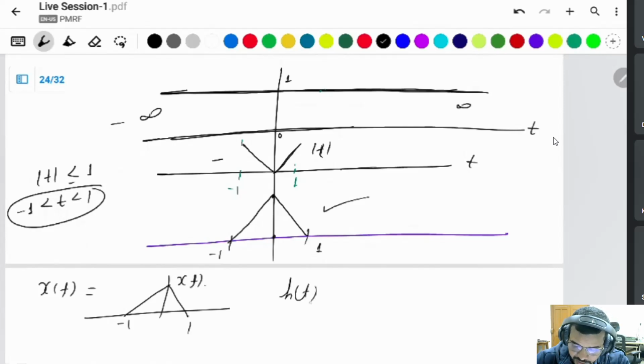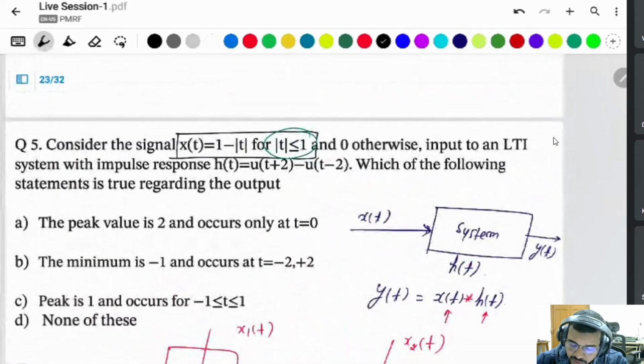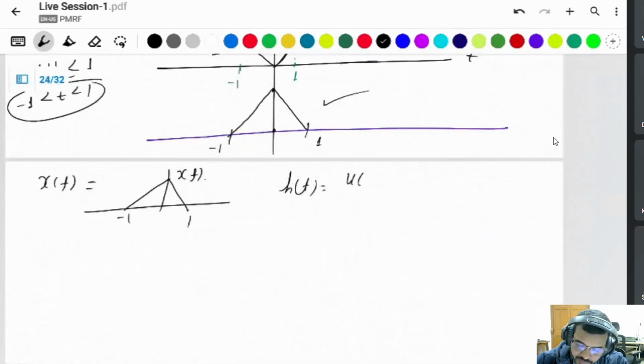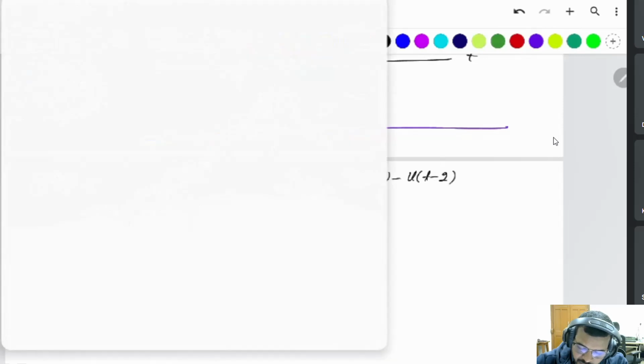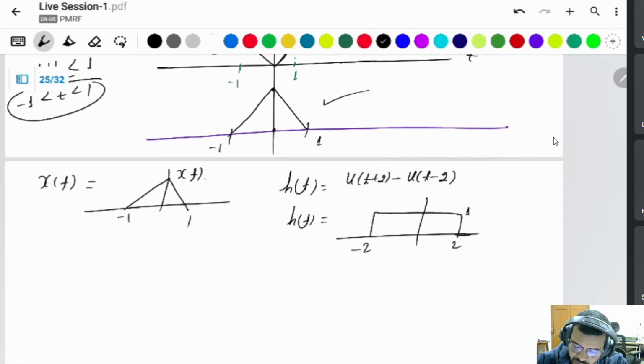Okay, h(t) is given to you: u(t plus 2) minus u(t minus 2). It starts from minus 2 and goes to plus 2, with height 1.